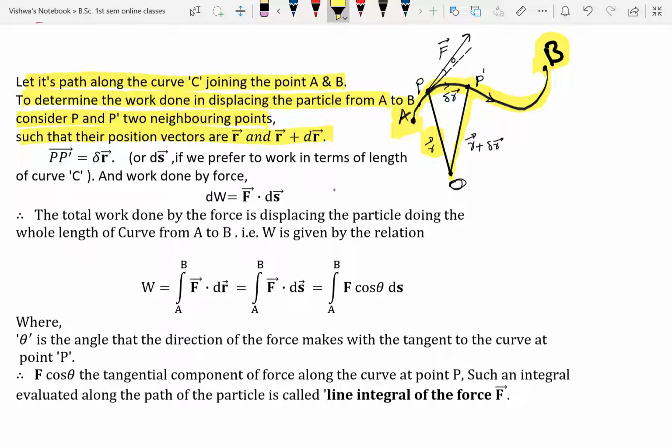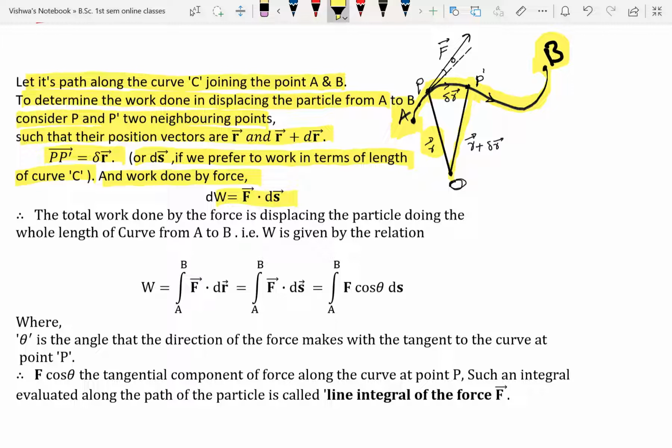P prime gives delta r, or dr. Or ds if you prefer to work in terms of length of the curve, and the work done is given by dW equal to F dot ds.